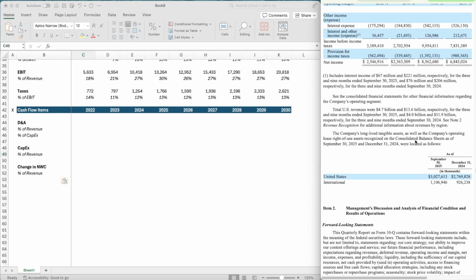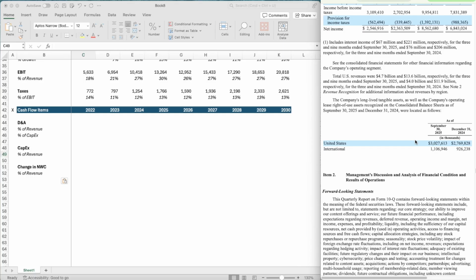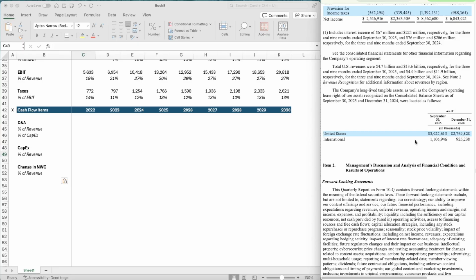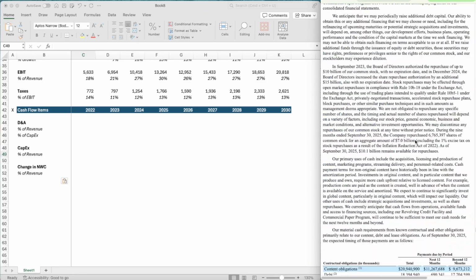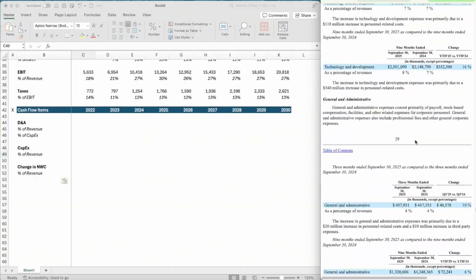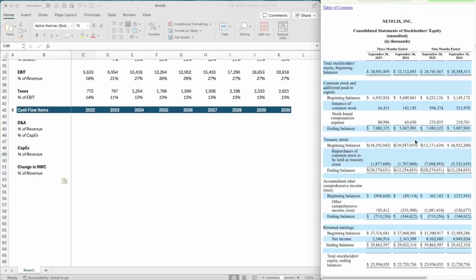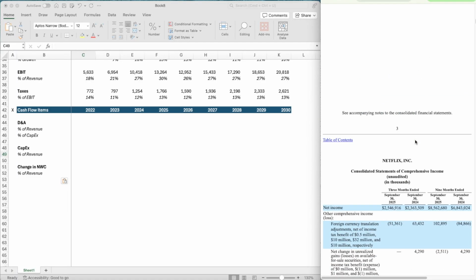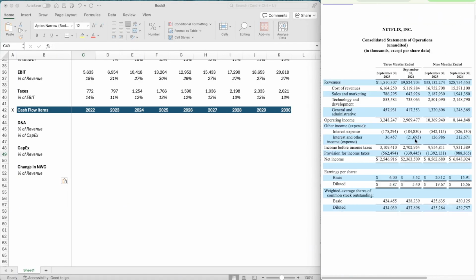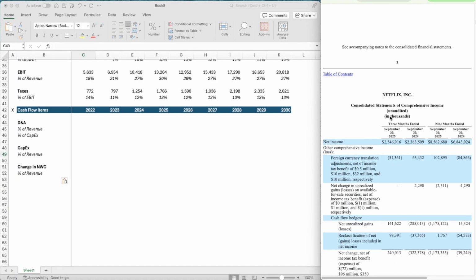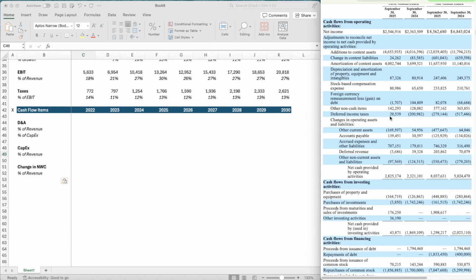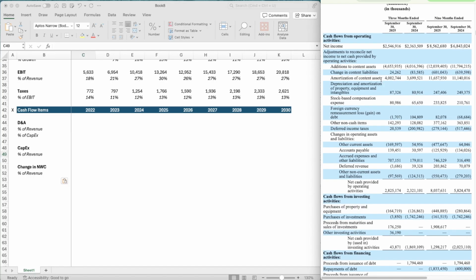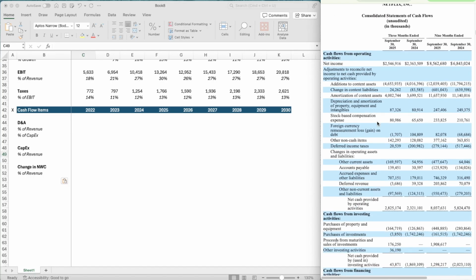Okay, so to find these, you have to come onto the cash flow statement. On the 10Q, they're usually at the top. The 3 statements: the income statement, the balance sheet, and the cash. Income statement. And this is the cash flow statement.